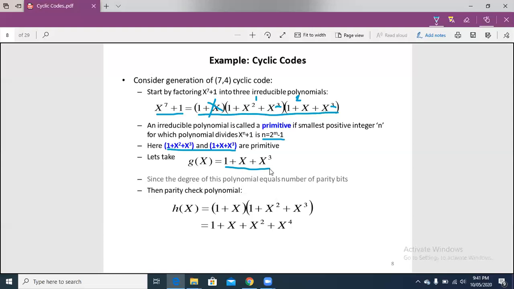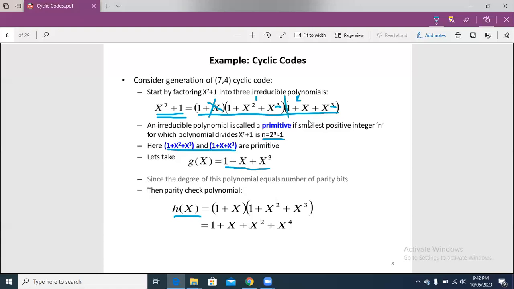So what will be the value of h of x? We know that h of x times g of x would be equal to x7 plus 1. So we choose 1 plus x into 1 plus x2 plus x3 as h of x, because we have chosen the second part.